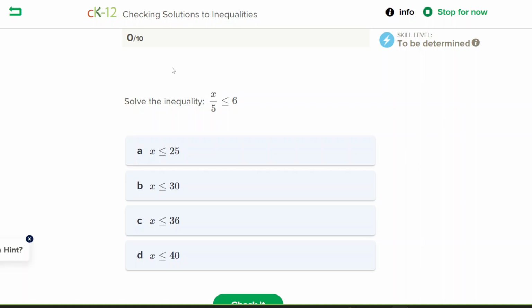All right, so here we are in the adaptive practice for checking solutions to inequalities in ck12.org's Algebra 1 text. And like I said earlier, I'm going to just be going through 5 of the 10 examples here in this practice. I would highly recommend you do this yourself after reading the text, of course.